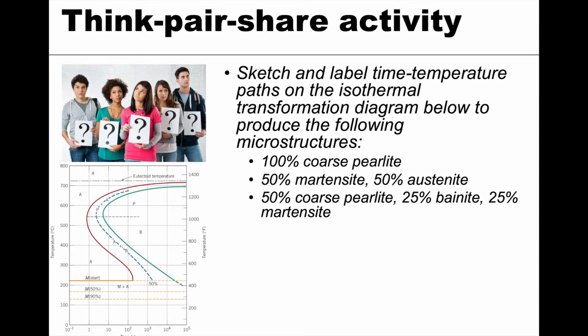So basically, what is the pathway to get 100% coarse pearlite, and then another pathway to get 50% martensite, 50% austenite, and then how could we get 50% coarse pearlite, 25% bainite, and 25% martensite. So see if you can sketch those out and then come back after you've done that, and we're going to go through this one together.